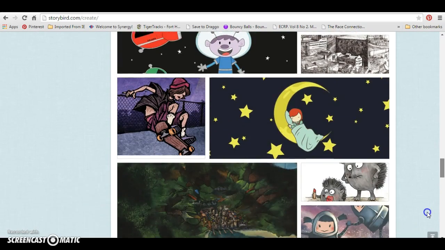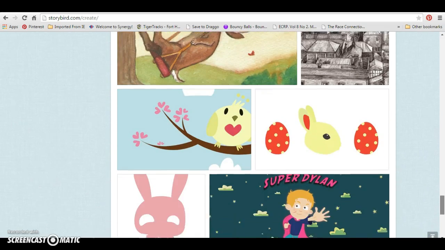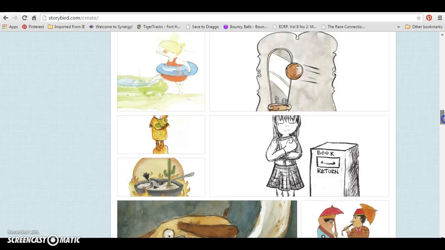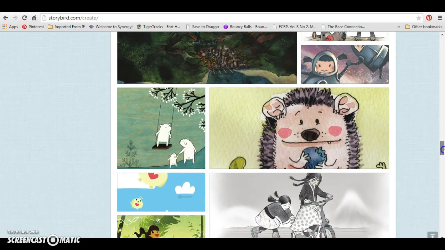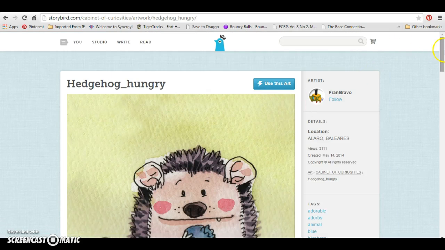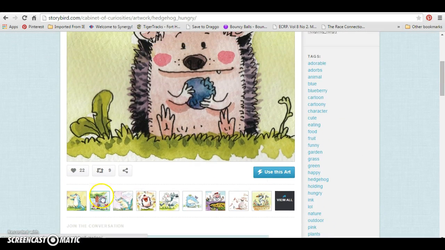So once they find something that they like, let's see, I'm being kind of picky, I guess. Like this would probably be something my kids would like. Okay, this little hedgehog. So I look at this little hedgehog, and all of these things down here are pictures that are in the same family as the hedgehog.